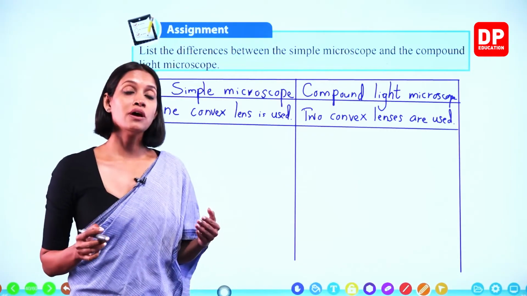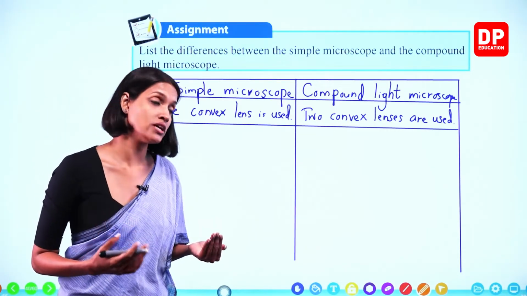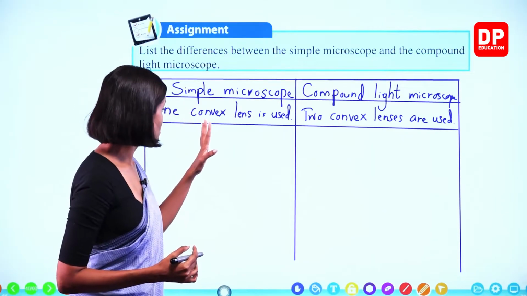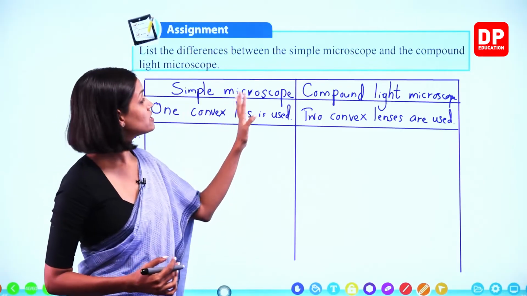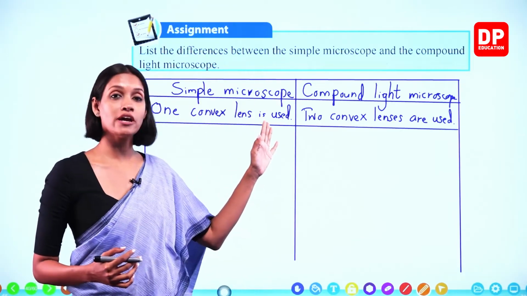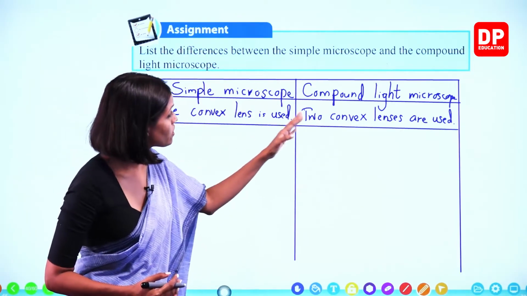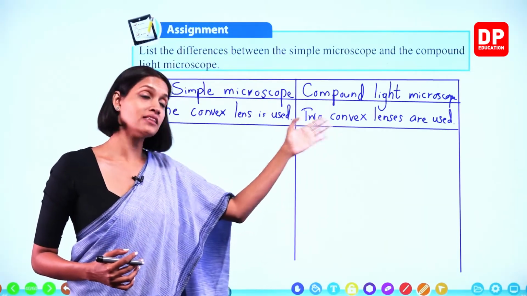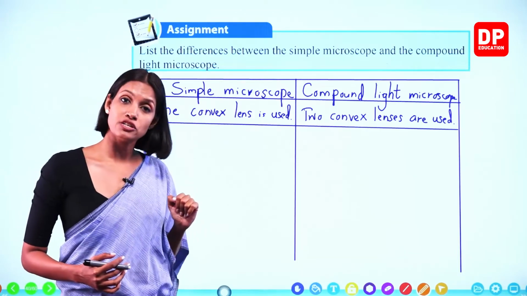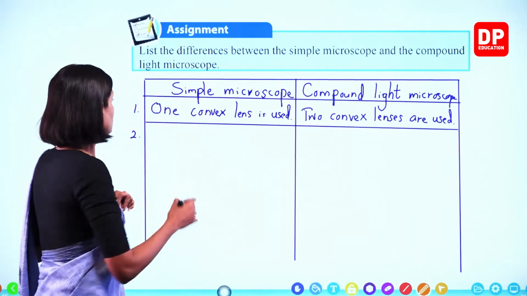What can you tell about the magnification and the resolution? The magnification and the resolution is less in the simple microscope, but when you compare it with the compound light microscope, the compound light microscope's magnification and the resolving power is way more higher than that of the simple microscope, right? Okay.